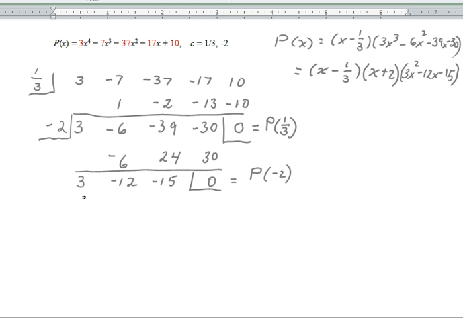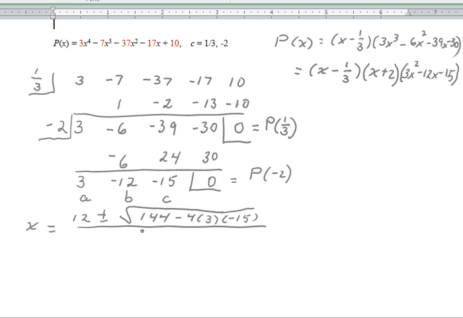So in terms of the quadratic formula, 3 is our A, -12 is our B, and -15 is our C. So we would have that x equals 12 plus or minus the square root of b squared, which is 144, minus 4 times a times c, all over 2a, which will be 6.